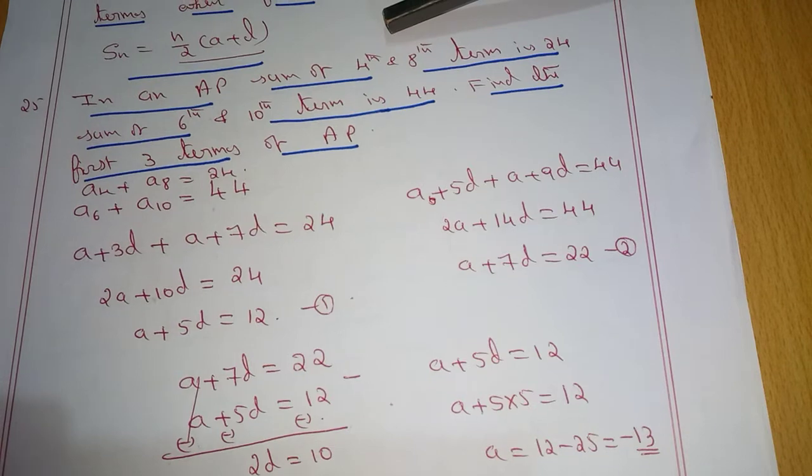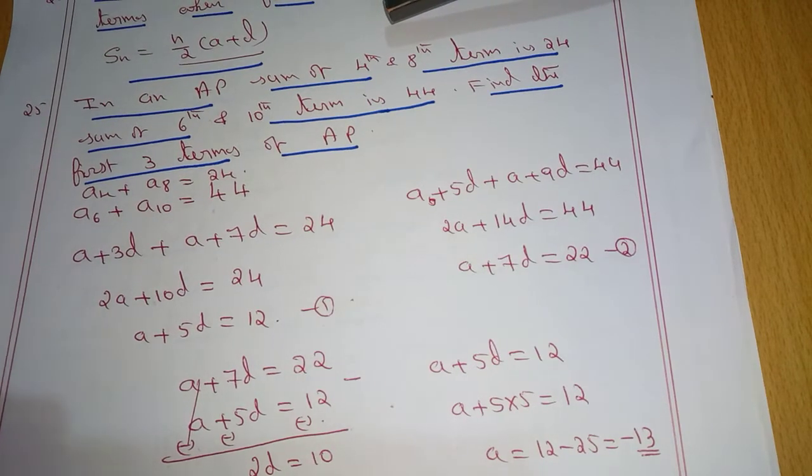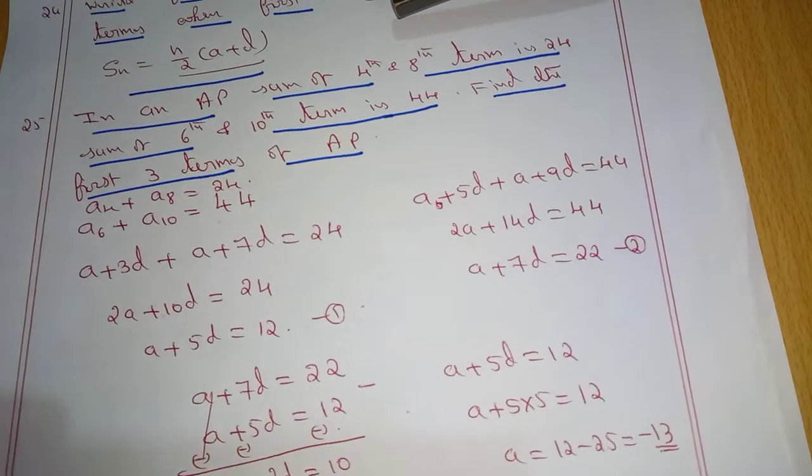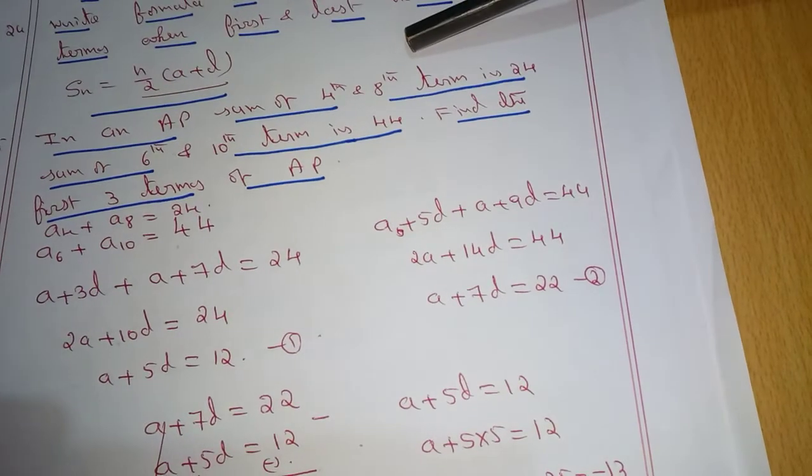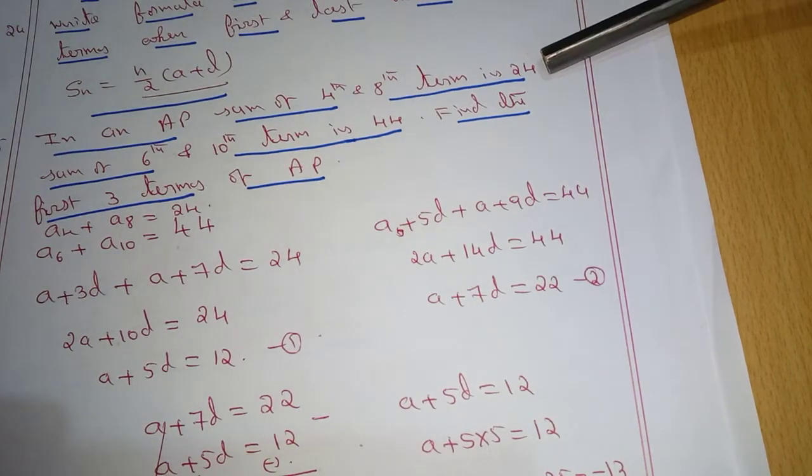In an AP, the sum of the fourth and eighth terms is 24.